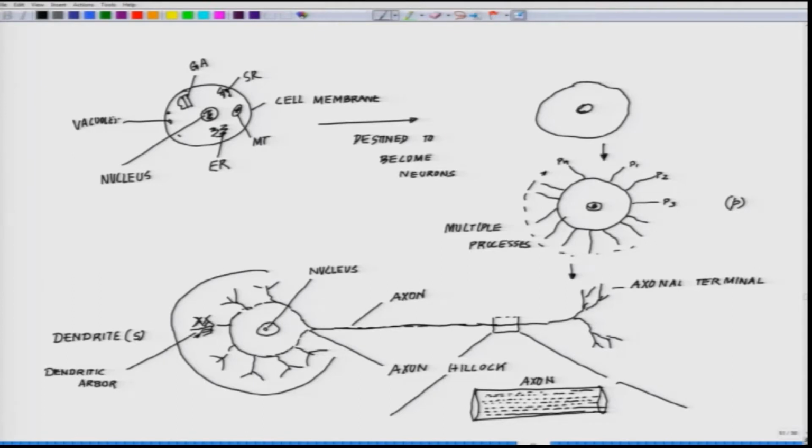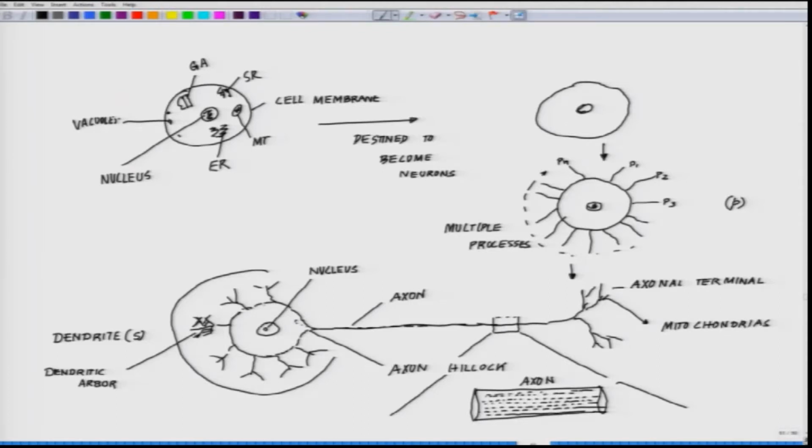And at this far end, if you look at the axonal terminal, you will see a lot of mitochondria that have migrated all the way from the cell body.